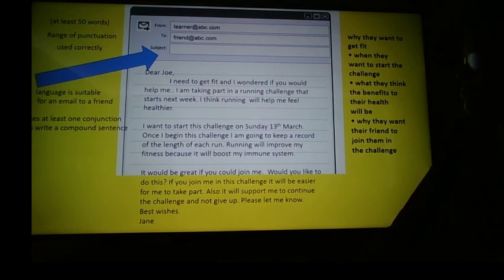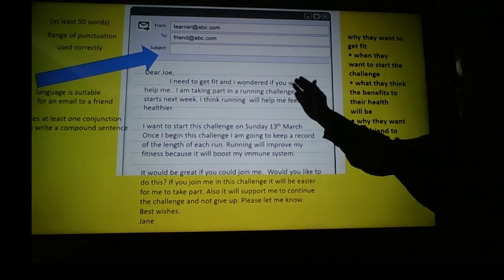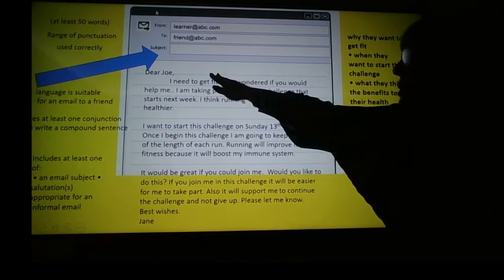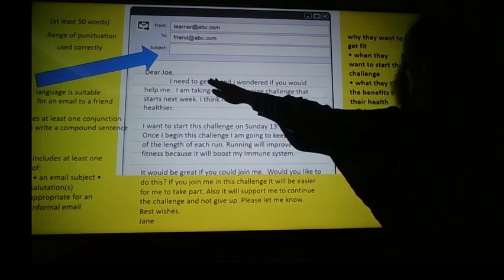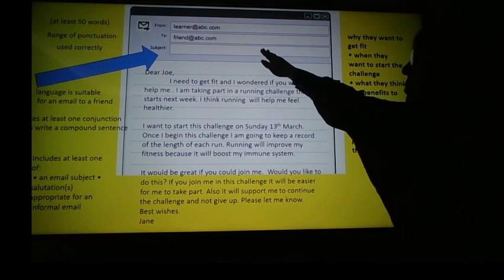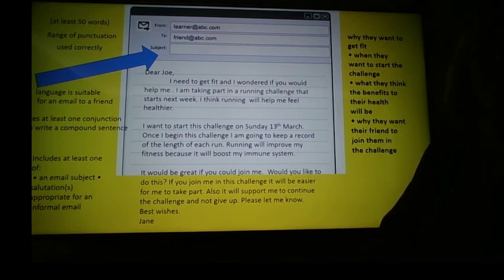If you're entry level 3 functional skills, all you have to have in that piece of writing is one conjunction. And you have to have at least a good salutation. Remember, that's the greeting, that's the opening. Or you have to have an appropriate subject, because either of those will get you the mark.